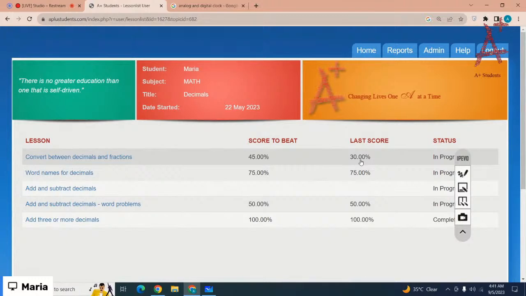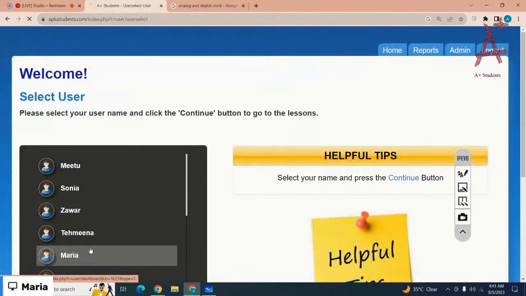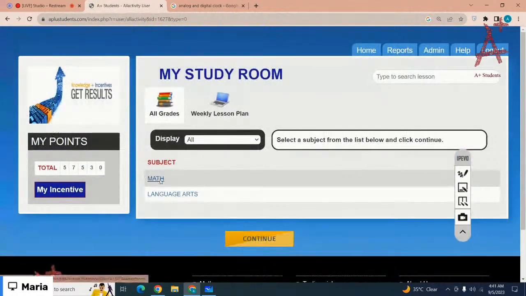The lessons we have covered today are convert between decimals and fractions, word names for decimals, add and subtract decimals, word problems, and the one we just did is add three or more decimals. So please make sure before the next session you complete all the practice questions for the lessons we did today.